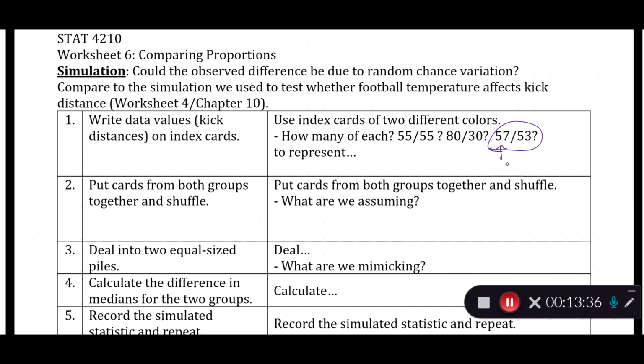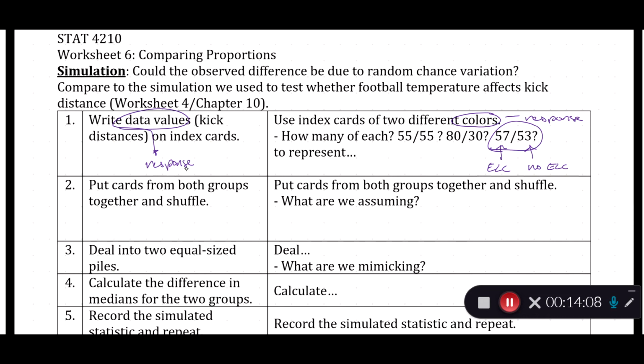So this 57 is going to be ELC, and 53 is going to be no ELC or no earlobe crease. So the color of the cards represents the response, just like the data values for the football. So what those cards represent are my responses.